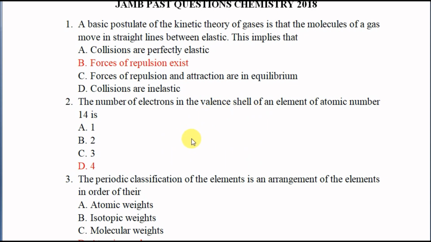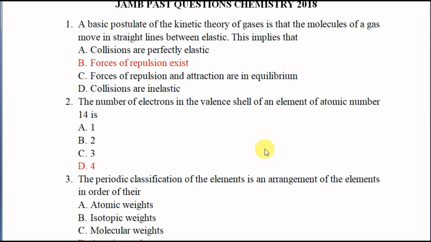Then the second shell will have 8, because the first shell normally has 2 and the second shell 8. So 2 plus 8 is 10, and what remains out of the 14 is 4. The next shell will have that 4, looking for another 4 to complete it and make it stable. So the answer is 4.